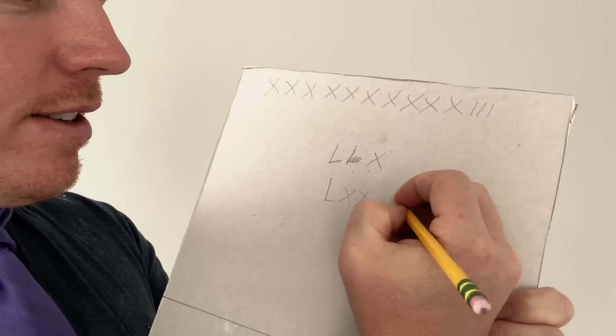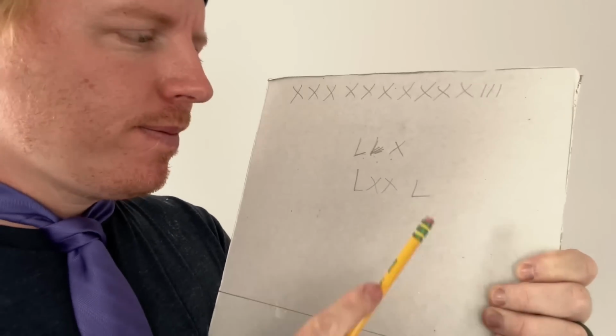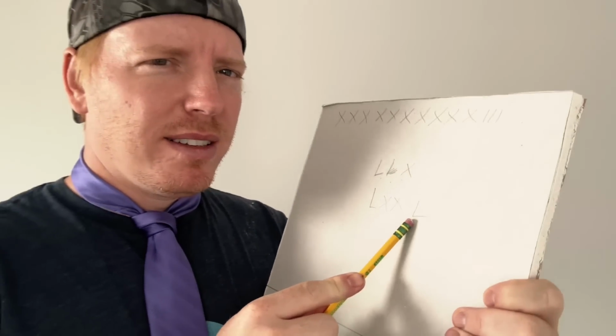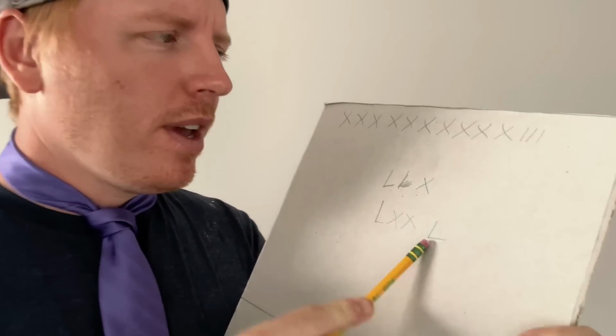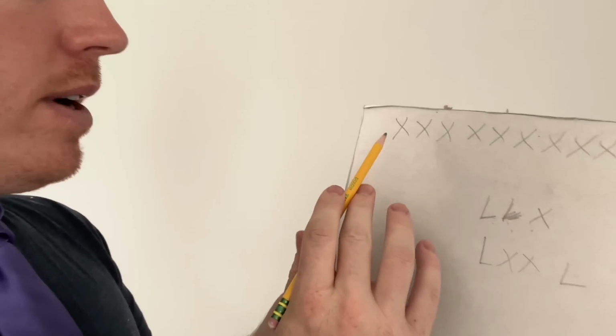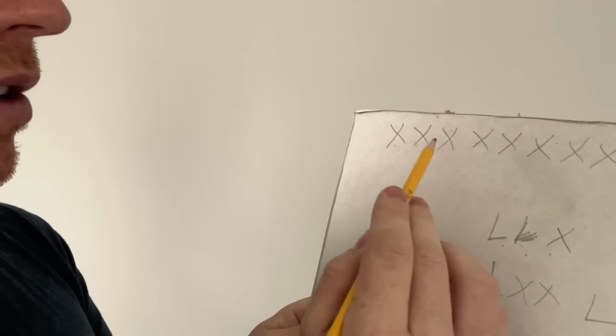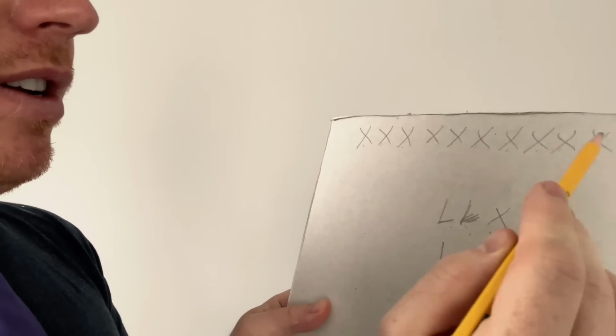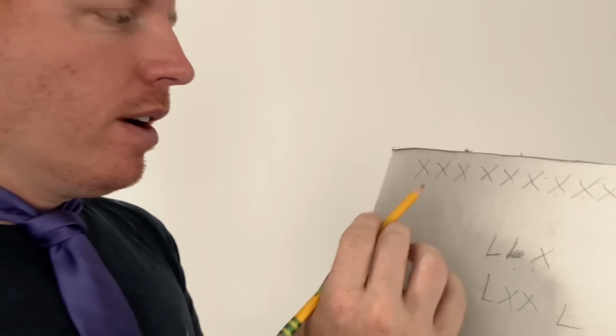What is an L in Roman numerals? Get back to me. It's either 20 or 50. I think it might be 20. We're not worried about that today. What we're worried about is we got 10, 20, 30, 40, 50, 60, 70, 80, 90, 100. 1, 2, 3. Okay.